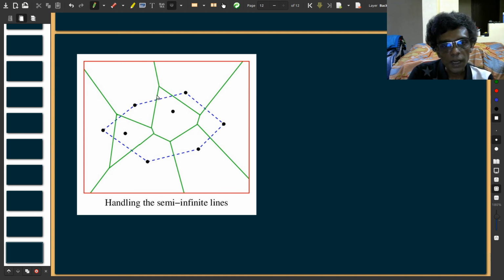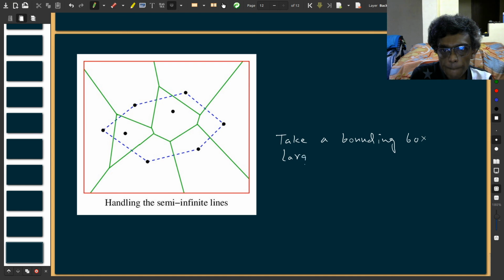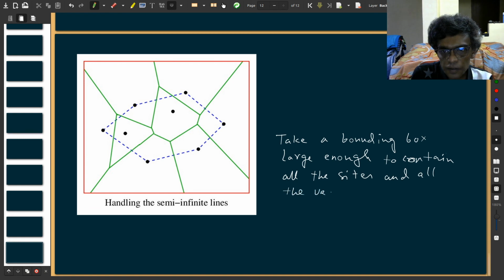So now what I do, I just take a bounding box large enough to contain all the sides and all the vertices, of course, meaning the finite vertices discovered by the Fortune algorithm.